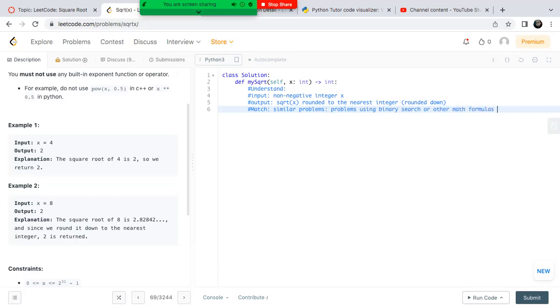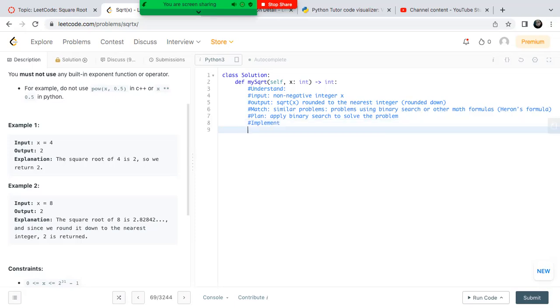Here, we could use Heron's formula to solve this problem, but binary search is a faster solution. So for our plan, we're going to apply binary search to solve the problem. So let's implement this solution.